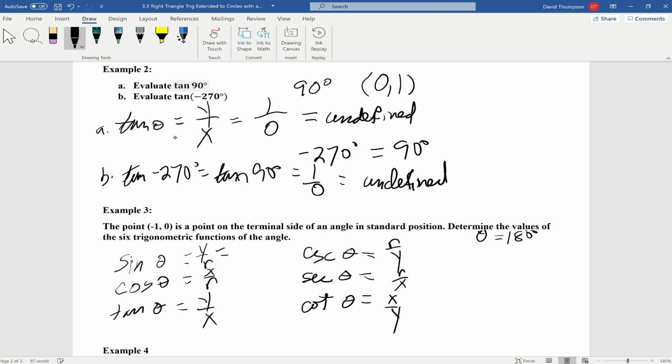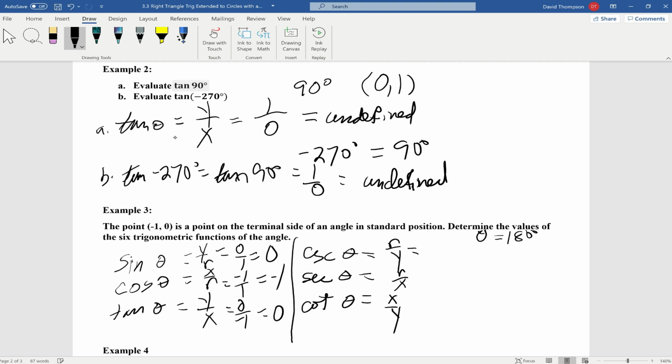So our sine is just going to be 0 over 1, which is 0. Our cosine is going to be negative 1 over 1, which is negative 1. Our tangent is going to be 0 over negative 1, which is 0.